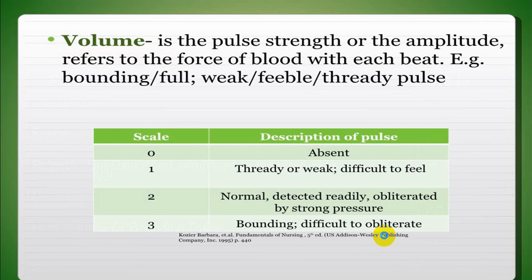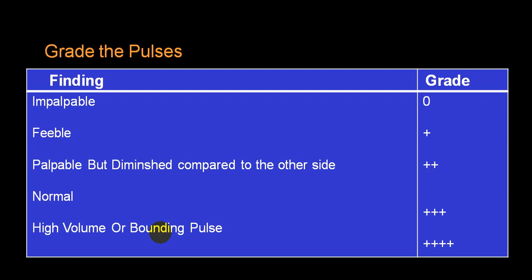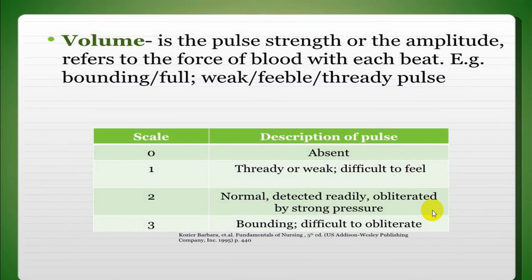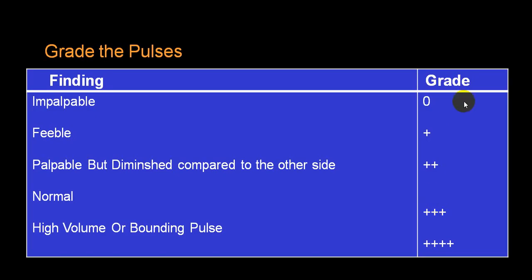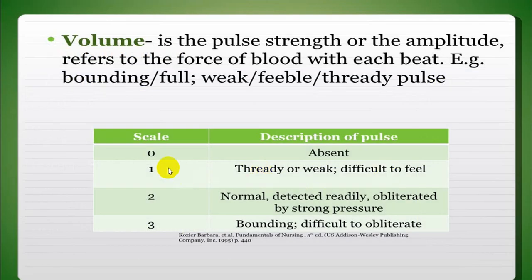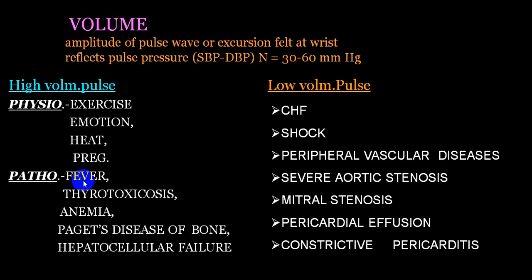So whichever scale you use, here scale 3 is grade 4 according to this scale, while normal is 3 plus, while in this scale it is 2, and 0 is 0 here. 1 plus and 2 plus is roughly equal to 1 in this scale, whichever scale you use.